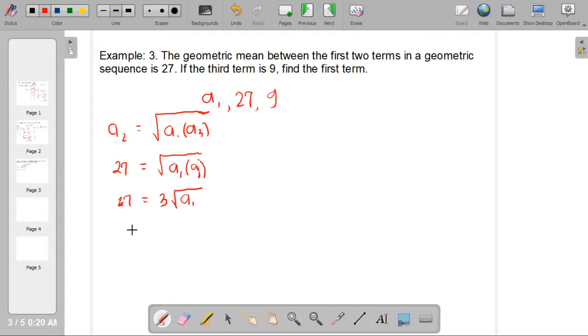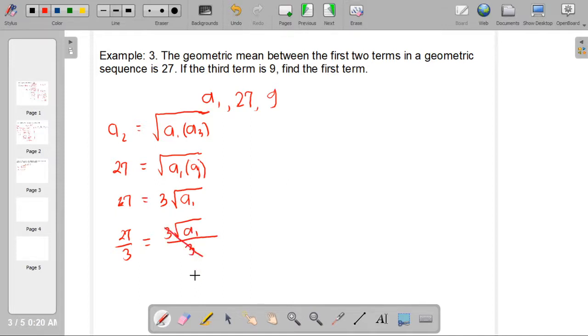Okay. Now, from here, since we want to find a sub 1, we no longer need the 3 here. What will we do? Since it is multiplication, we're going to divide both sides by 3. So this is now 27 divided by 3, on this side of the equation, and also on this side. What is the purpose of dividing by 3 on both sides?